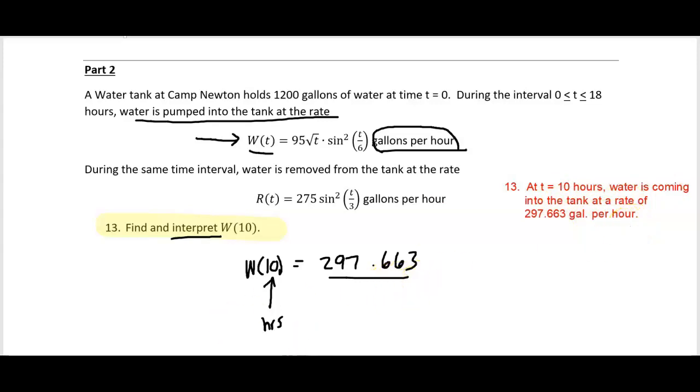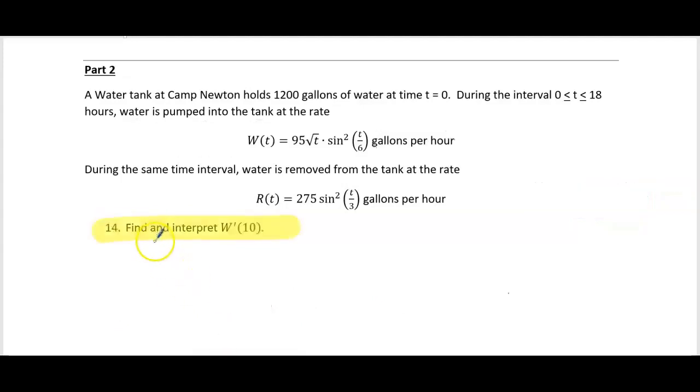Moving on to number 14. All right, so this one says find and interpret W prime of 10. Okay, well, we can just do that on our calculator again. It's been a while since we've done derivatives on our calculator, but we can do that. Let me show you how to do that really quick.